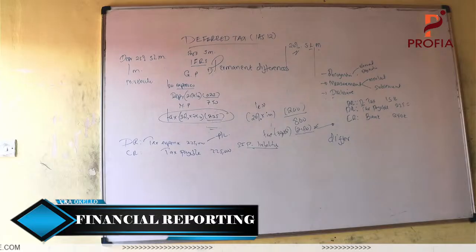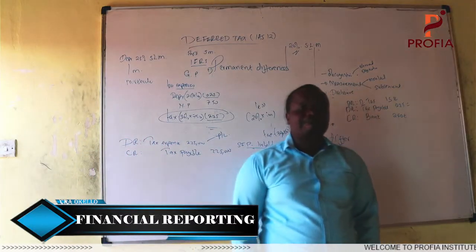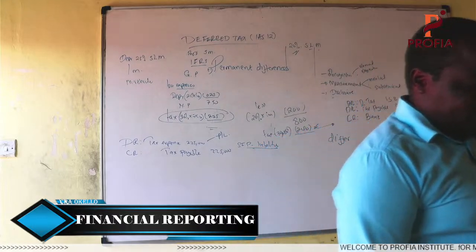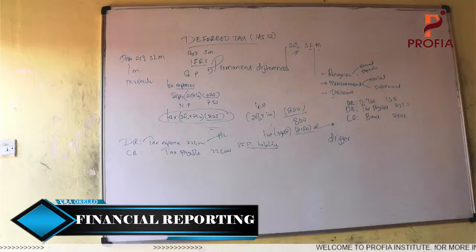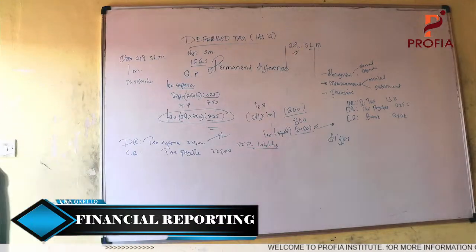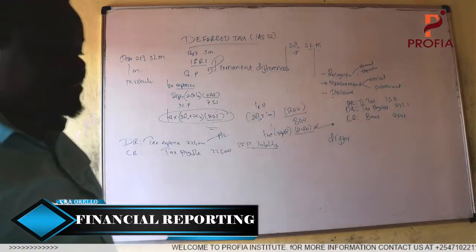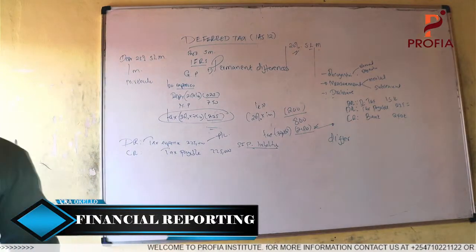So you go to number 2, temporary differences. These are the differences between the carrying amount of an asset or liability and its tax base.